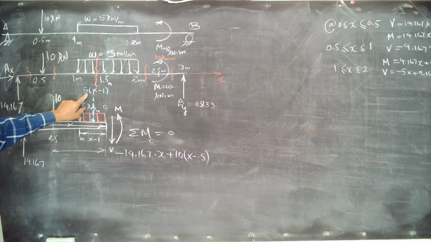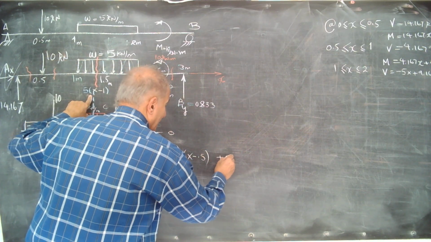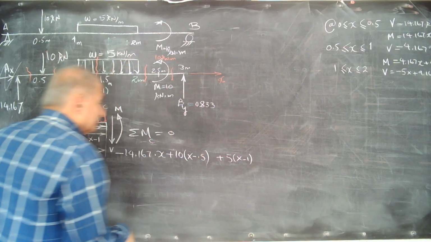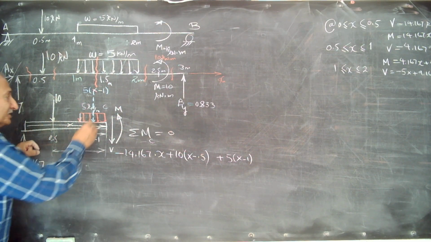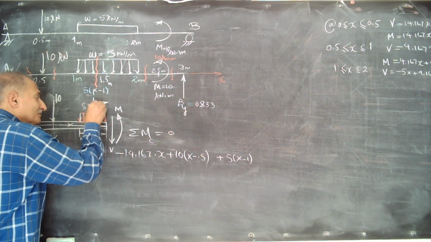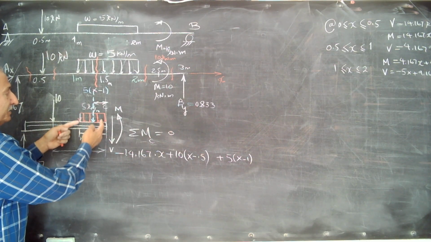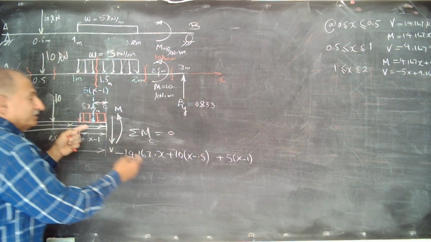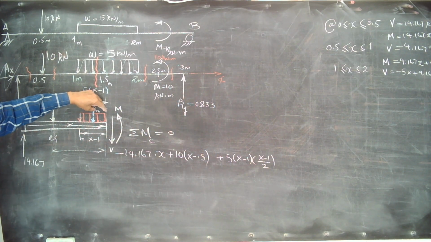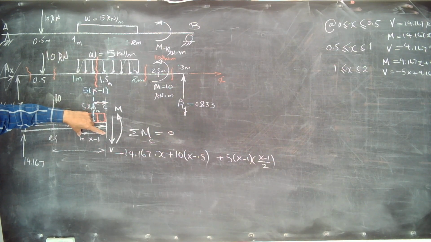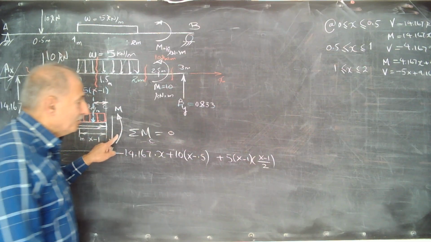Then the equivalent amount; both produce counterclockwise, plus 5 times x minus 1 is the load applied here. What is this distance? Times this distance. The whole length is x minus 1. This is the middle of the x minus 1, then it is x minus 1 divided by 2. Then this distance is equal to this distance, which is x minus 1 divided by 2. Okay? Plus m equals 0.